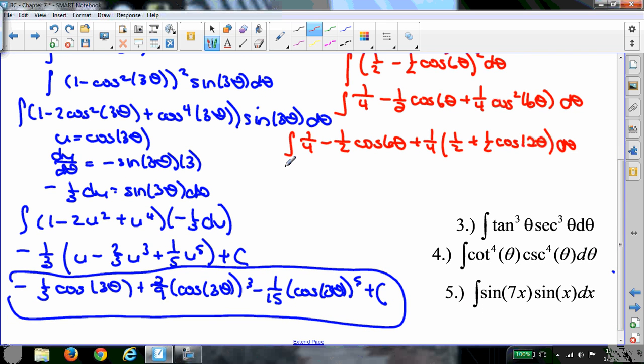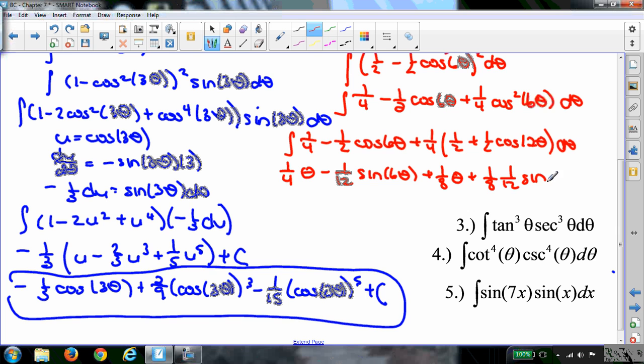Integrating all these pieces, we're going to have 1/4 theta minus 1/12 sine 6 theta plus 1/8 theta plus 1/8 times 1/12, which is 1/96 sine of 12 theta plus c.